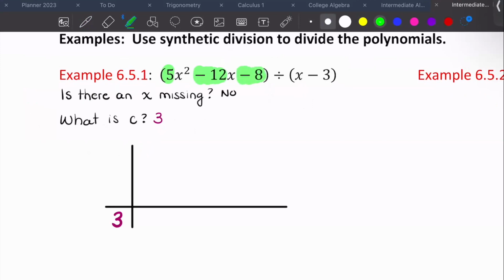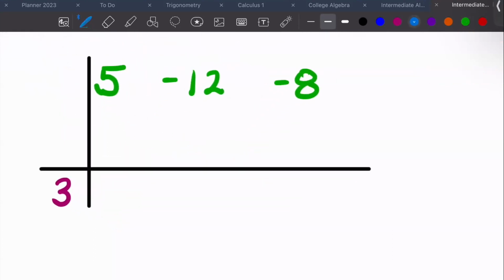You're going to take those coefficients and write them right here: 5, negative 12, negative 8. Then here's where it becomes pretty procedural. You're always going to drop your first number. Then you're going to multiply and add down, multiply and add down.